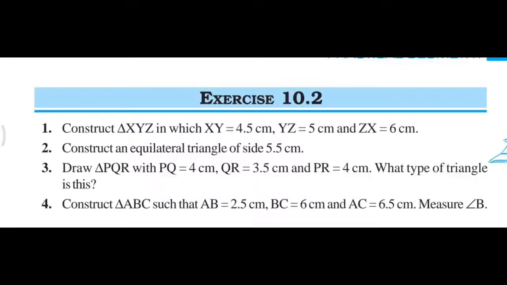Now question number 4, construct triangle ABC such that AB equal 2.5 centimeter, BC equal 6 centimeter, AC equal 6.5 centimeter. And after drawing this triangle ABC, you are required to measure angle B, and this measurement of angle you will take using protractor. Now let's draw this.